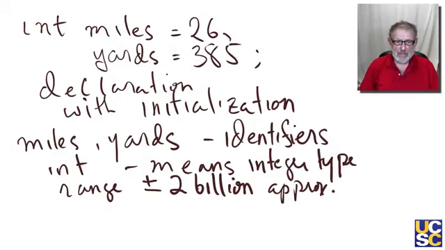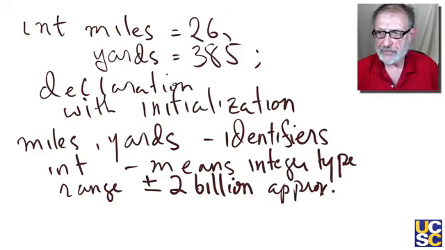But if your program only needs the integers and plus and minus 2 billion, you'll be okay. Now, in some machines, you're allowed to go to long int, which might even be much larger. And there's even cases where you can go to long int. But if you need a very large integer range, you have to use special packages.